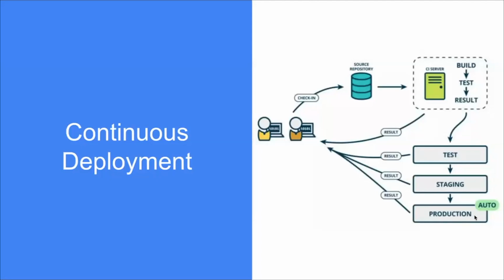The only difference between continuous deployment and continuous delivery is this part. In continuous deployment, it is automated, while with continuous delivery, you might have to manually approve the request. Till then, your package, your build, or your tool will be waiting, and it won't deploy the code to the production server.